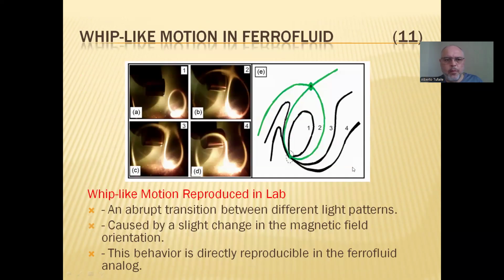What is the whip-like motion in ferrofluid? In ferrofluid, we can see this whip-like motion when we have this light pattern that's closed, and changing the magnetic field a little bit, the system opens, so we have this whip-like motion when you transition from 1 to 4.